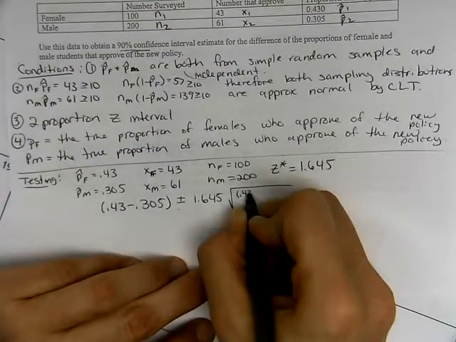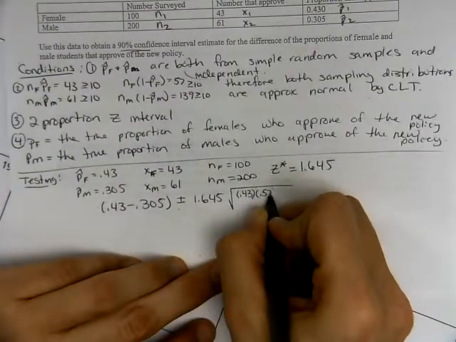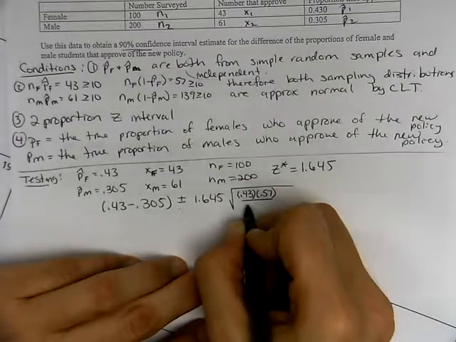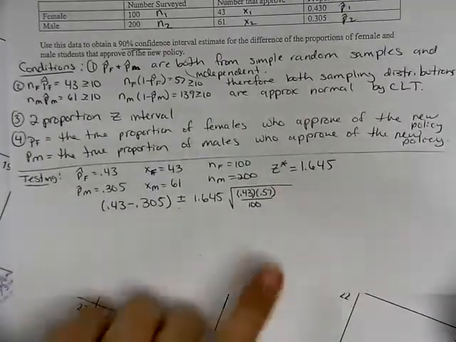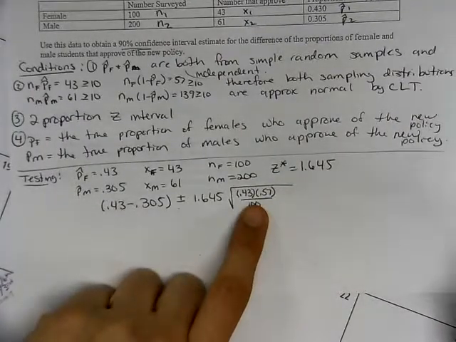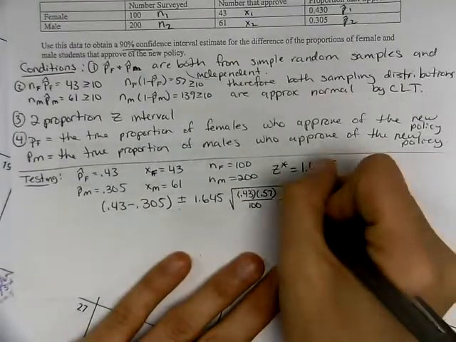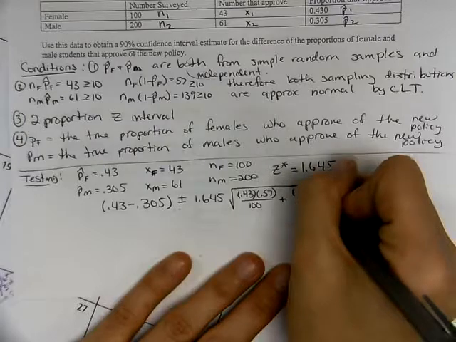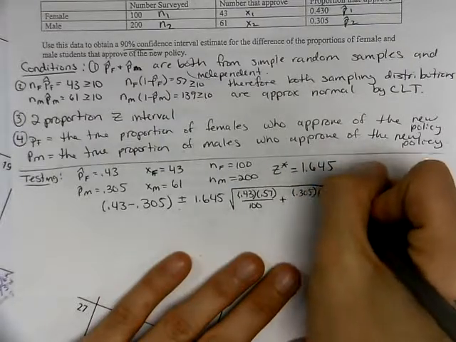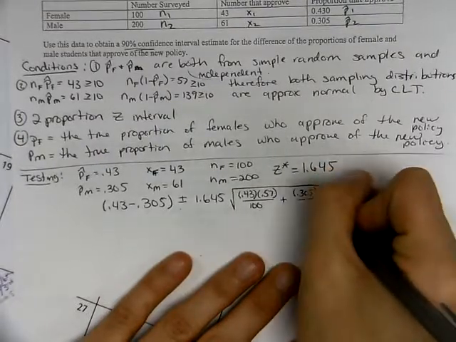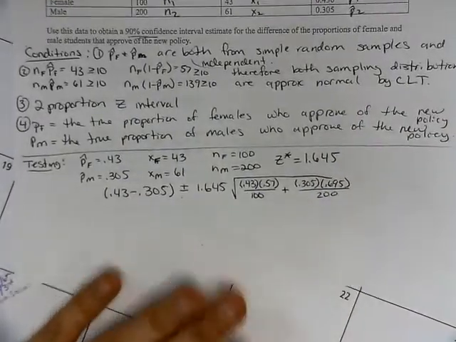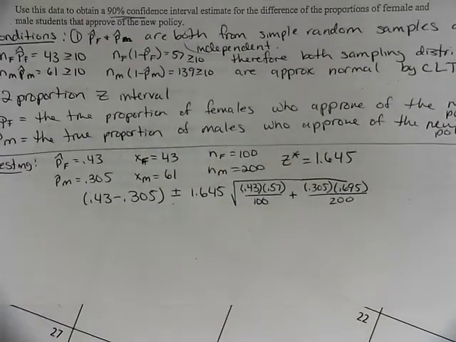So 0.43 times 0.57 over 100. If this was a 1 sample, that would be like your standard deviation. Since we have a 2 sample, we have to add in the other one: 0.305 times 0.695 divided by 200. So there's your formula.